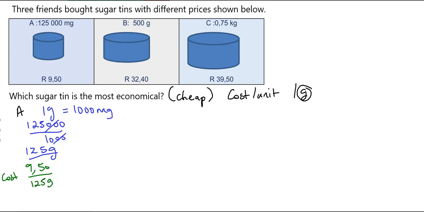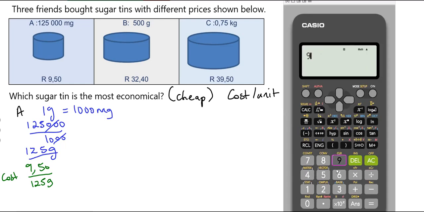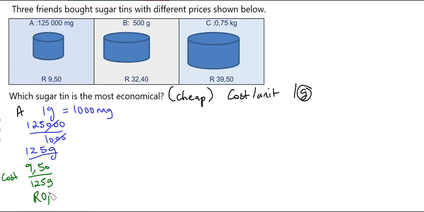It's going to give us 9,5 divided by 125. We will get 0,076. So it's 0,076 rand per gram. Okay, so let's move on to the next one here.